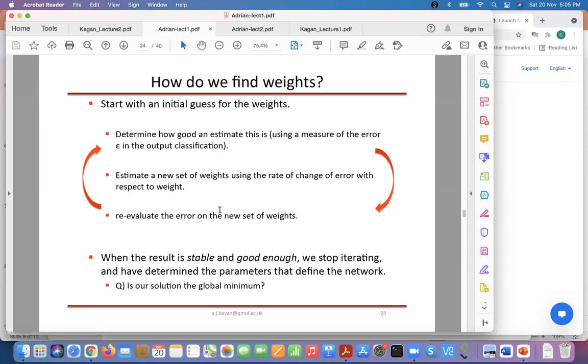Here, when you do this, you have a set of weights. You make some guess of these weights, some starting point, and with that you find out what is the error in your classification. If it's a binary case, you want to select one versus the other, and that error you want to keep minimum.